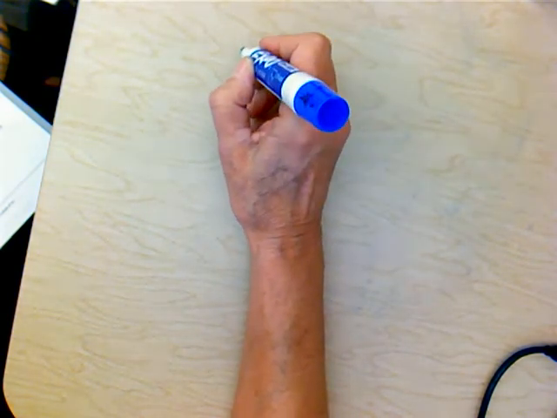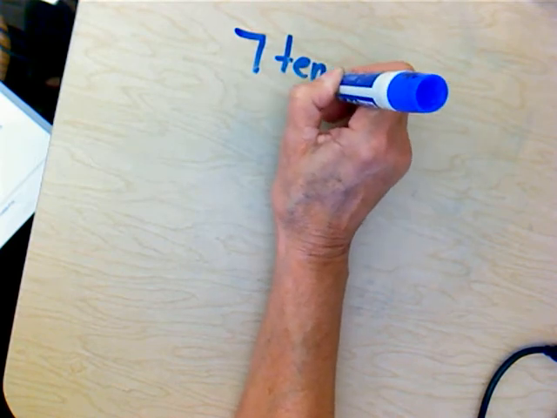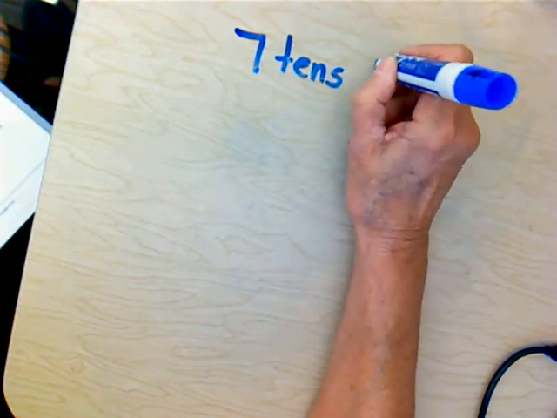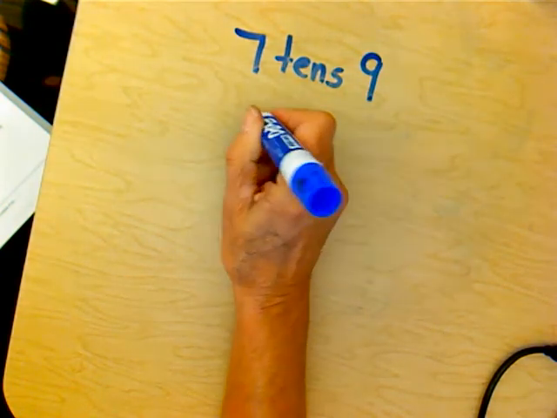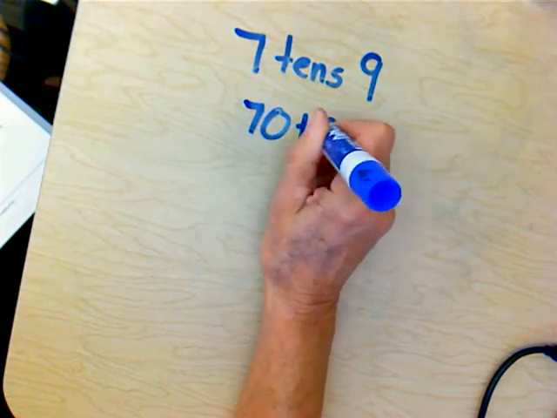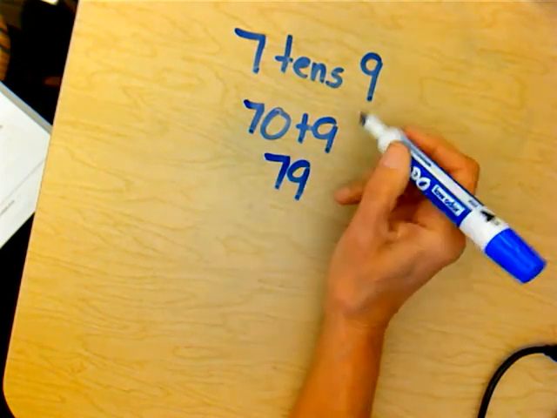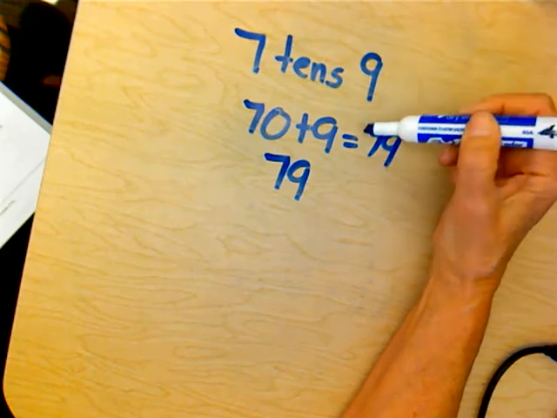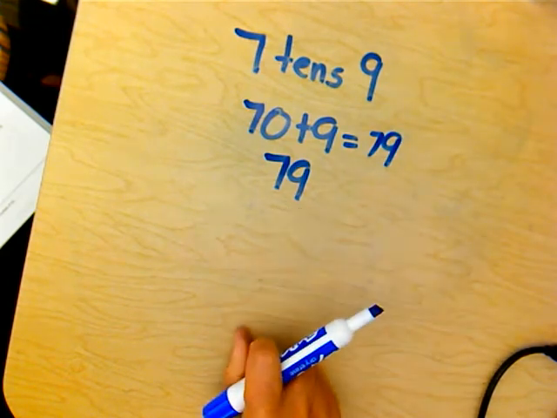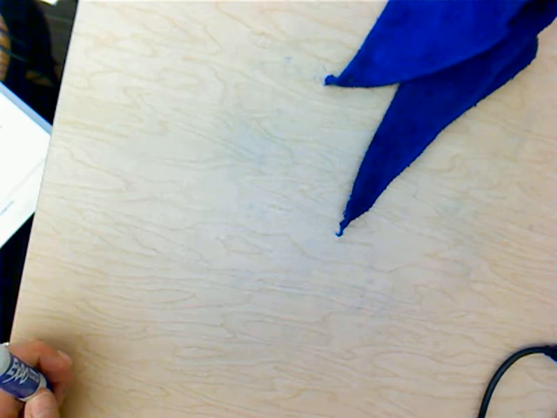So if I had 7 10s and 9 1s, 7 10s 9 would be 70, plus 9 would give me 79, because 70 plus 9 is 79. So 7 10 9 would be 79. Okay, so I'm going to erase that, and you could practice some more of those on your own.